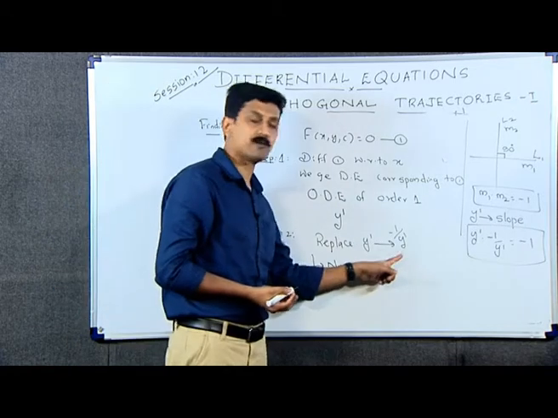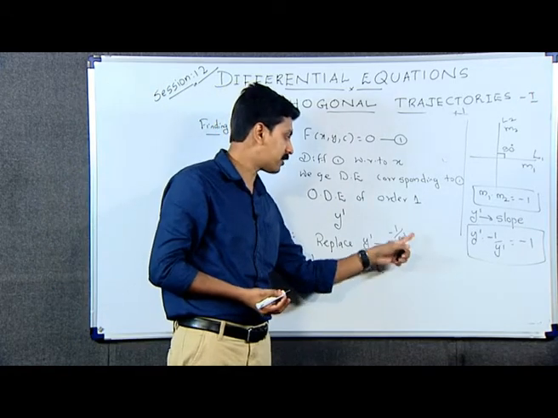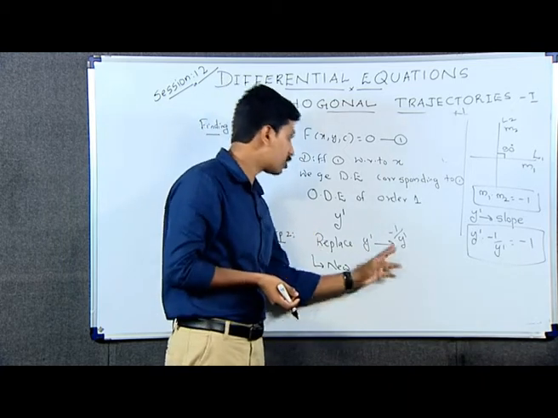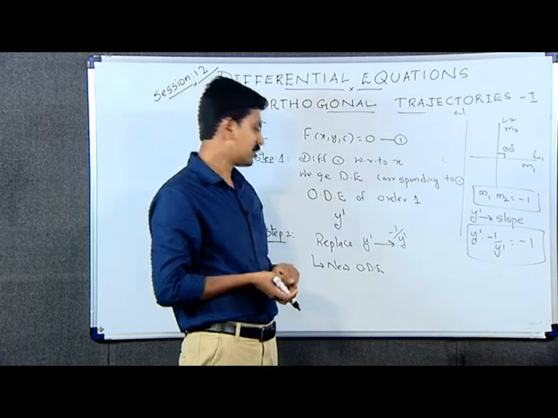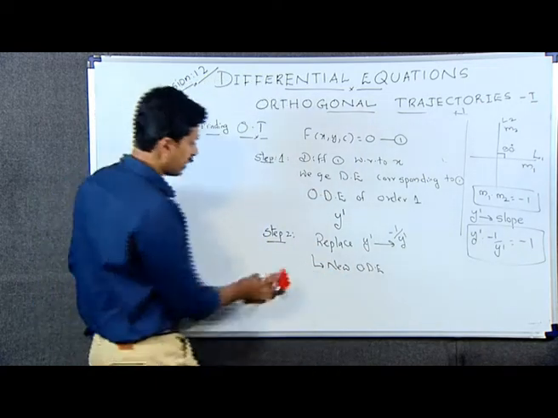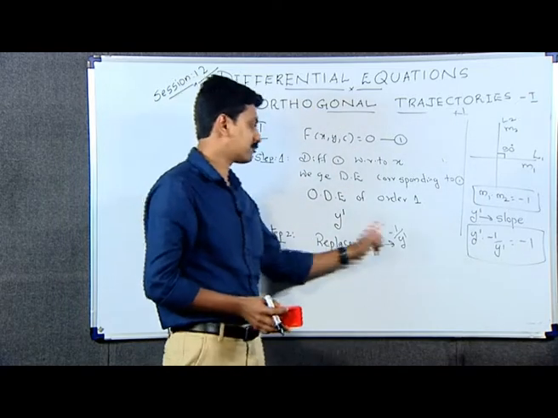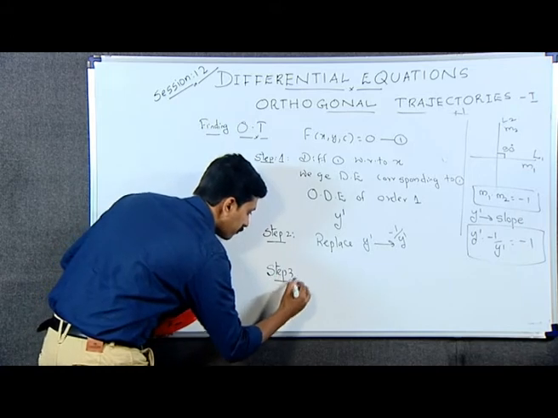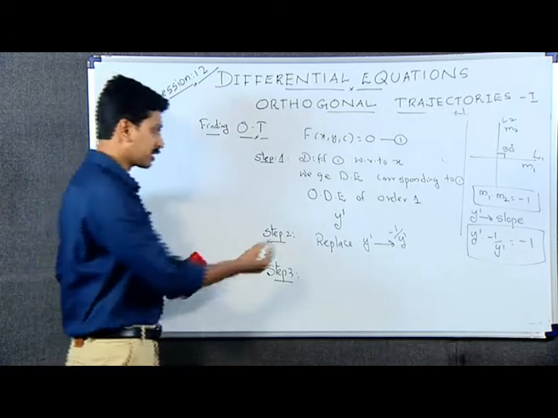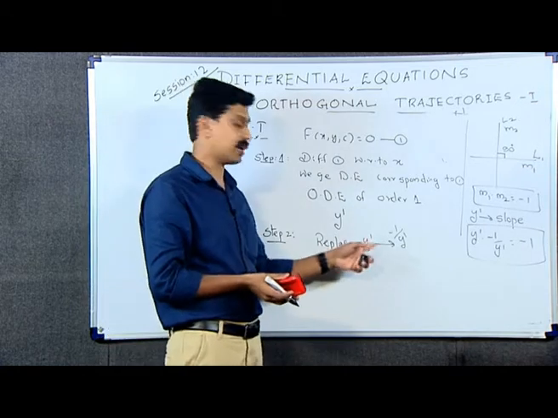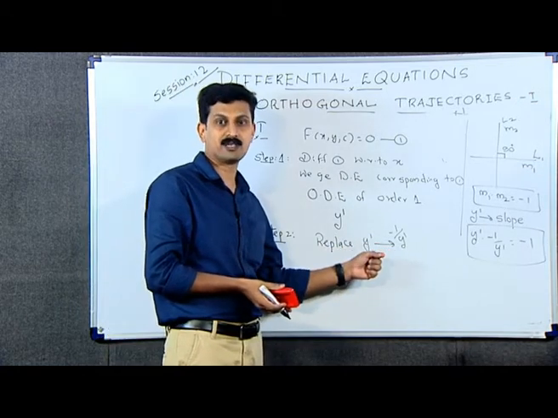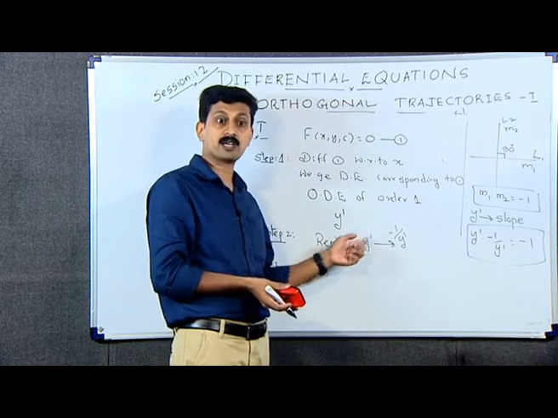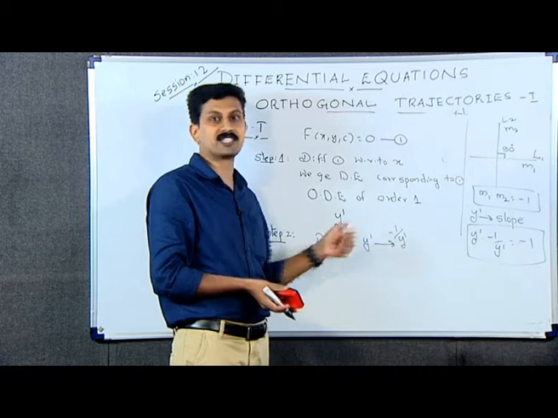While solving that differential equation, we will have curves, lines or a family of curves which is orthogonal to the given family of curves. So we replace y dash by minus 1 by y dash, and in the last step we just arrange it. In most cases we may be able to make it variable separable. If we are able to make it variable separable, or we can solve the differential equation by any of the methods we discussed earlier.